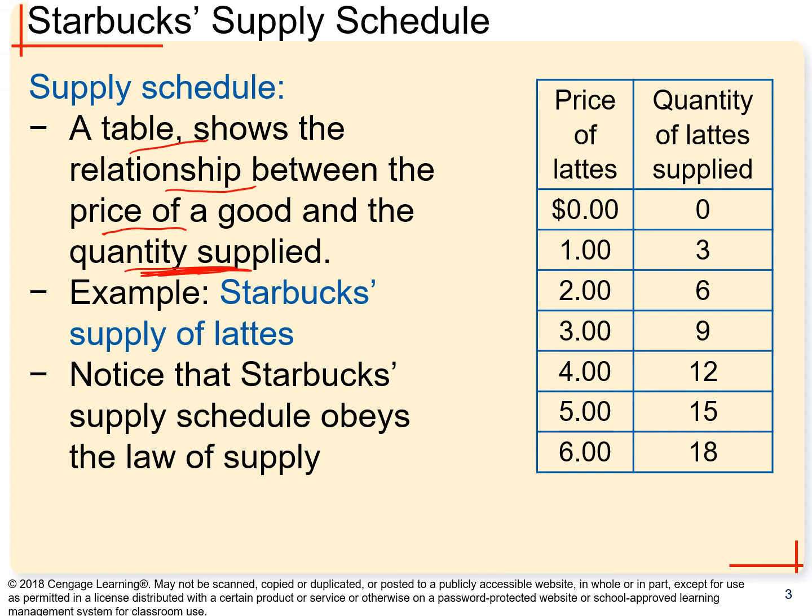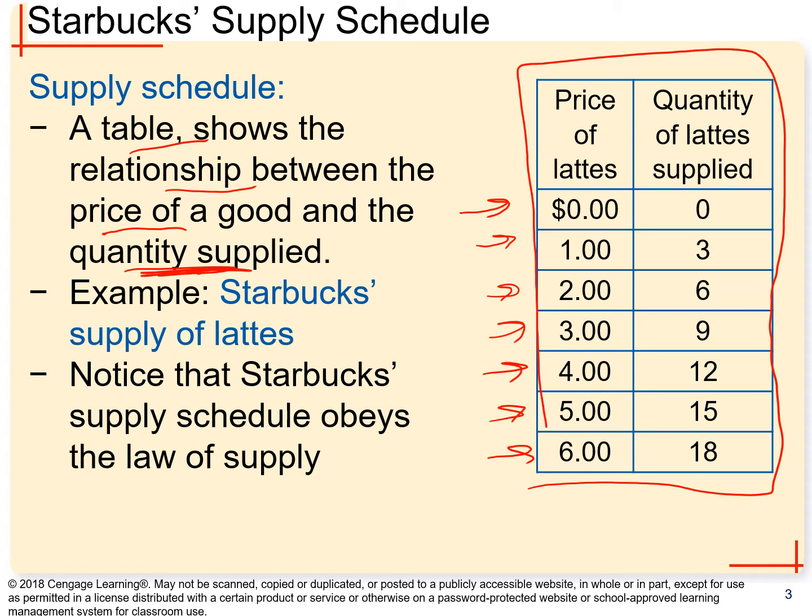And the example we have is supply for latte. So at a certain price, the seller is willing to supply different quantities of latte. Guys, if we look at this table, it exactly corresponds with the law of supply. When the price is low, sellers want to sell only a few units, or actually in this situation none.